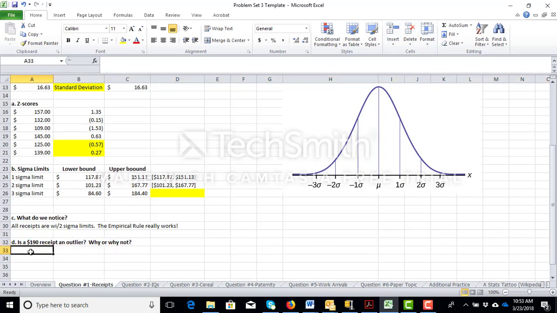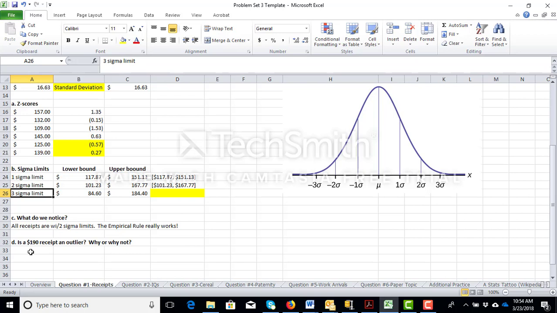So I want to think about this last question, a $190 receipt. Is it an outlier? Why or why not? Now that we've computed the limits here, and given our understanding of outliers, outliers are generally anything more than 2 standard deviations above the mean, but statisticians might disagree about this.